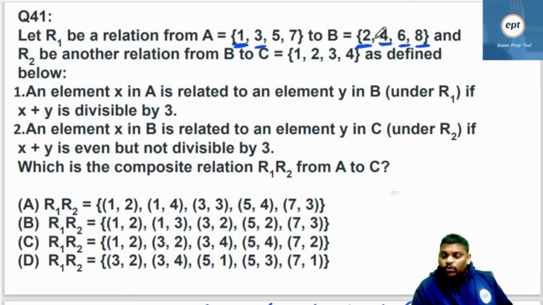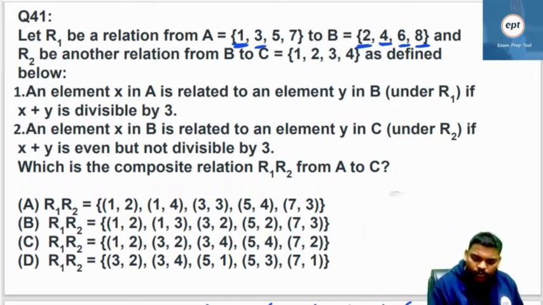Remember R2: you have to check BC. I was checking AC, that is the reason I was getting pi. BC you have to check. Try BC. 2, 1: I want even, B and C. 2, 1: no. 2, 2: even but not divisible by 3, yes, perfect.